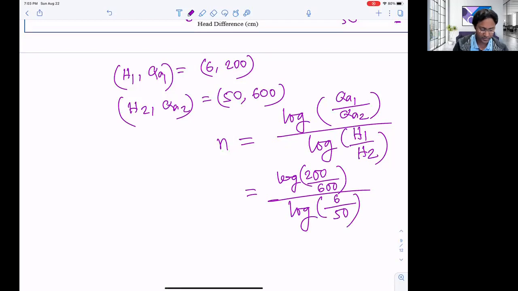Let me just calculate this one. We have log 200 divided by 600, and then the whole divided by log 6 divided by 50. So we are getting the value of n as 0.518.